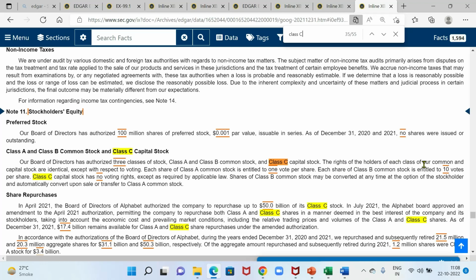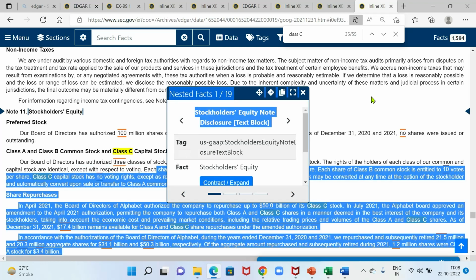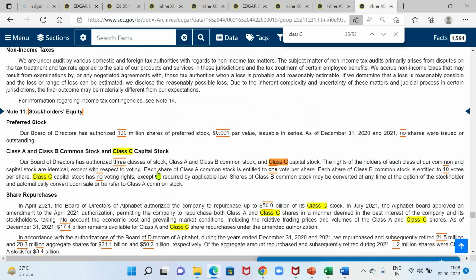The rights of the holder of each class are identical except with respect to voting. Each share of Class A is entitled to one vote per share. Each share of Class B is entitled to 10 votes per share, and Class C has no voting rights.